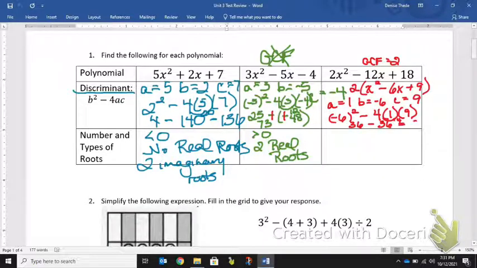That's equal to 0. That discriminant is 0, so I have 1 real root. And that should take care of the first problem.